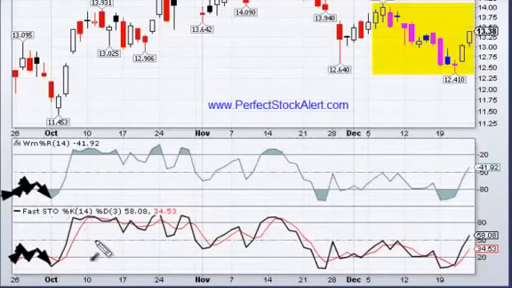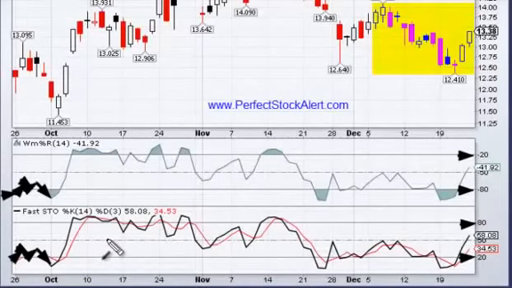The only difference is that the fast stochastic has a signal line, this percent D line, this red line, and you'll notice the numbers are different. It's got a positive 80 here and a positive 20 here, and Williams percent R is actually flipped, with a negative 80 here and a negative 20 here. But other than that, the identical information is being posted there.